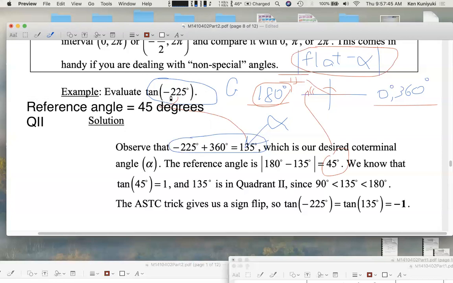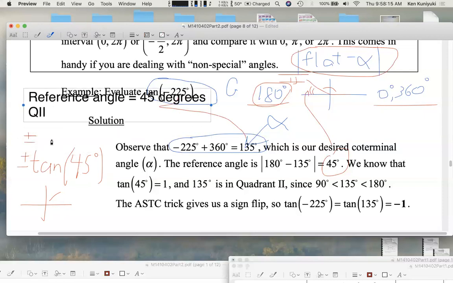This thing here is either going to be plus or minus the tangent of 45 degrees. We're getting down to that reference angle in quadrant 1, a famous acute angle. What is the tangent of 45 degrees? It's 1. Famously, it's 1. So our answer is going to be either plus or minus 1.